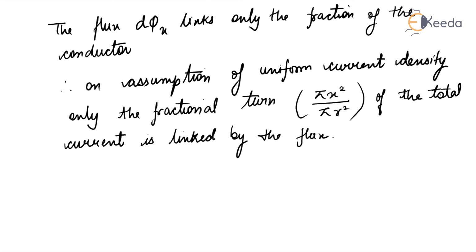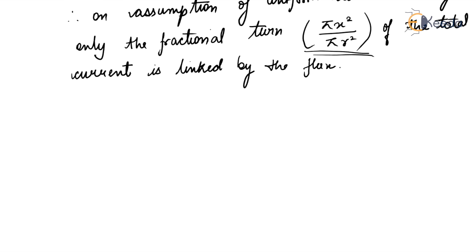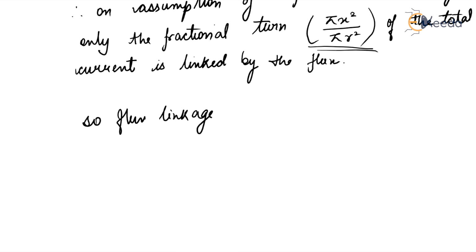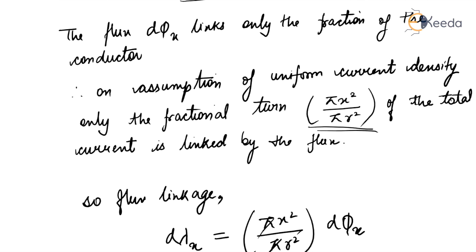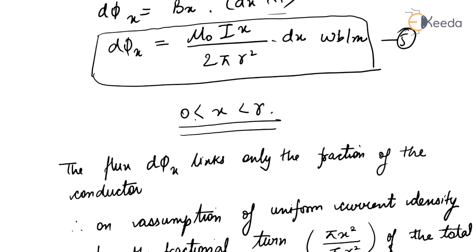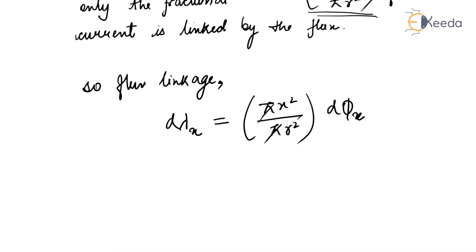So I already told you that the flux links at x are just a part of I, and that part of current is pi x square upon pi r square. So flux linkage for d phi x per meter length, this flux linkage d lambda x is equal to pi x square upon pi r square into d phi x. This pi cancels out, and d phi x, from equation 5, is mu naught Ix upon 2 pi r square into dx.